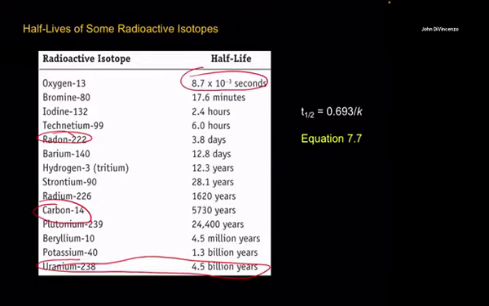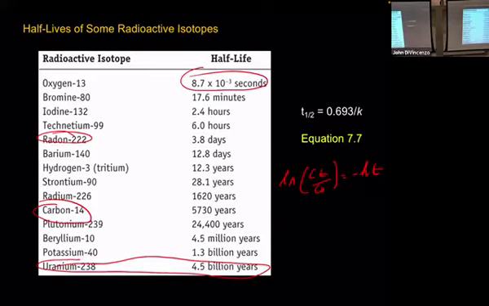Don't forget, this is the first order equation. This is based on the natural log of A or C or something like that. ln(Ct/C0) equals negative kt, right? That's first order reaction from Gen Chem 1. The natural log of the concentration at time t divided by the initial concentration is equal to negative rate constant times your time.